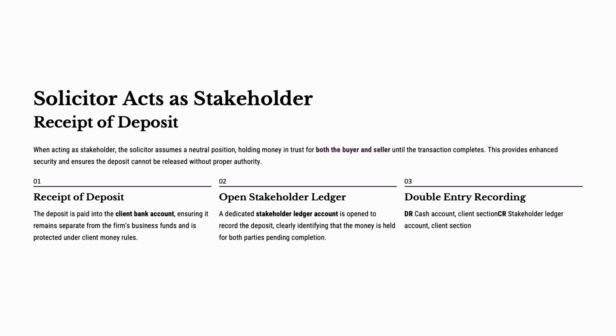Double entry on receipt: debit cash account client section, and credit stakeholder ledger account client section. So one is debit and another is credit, and that balances. So the solicitor acts as a trustee here. Neither party owns the money until the transaction is complete.